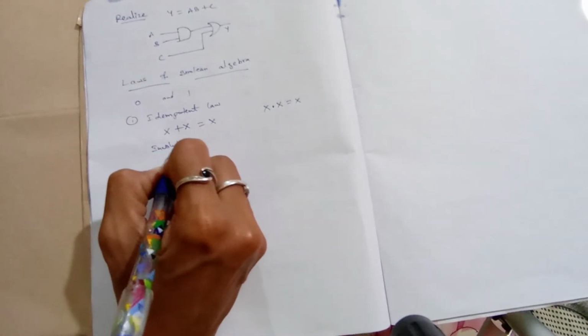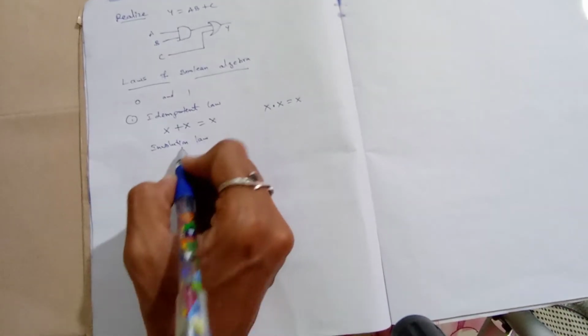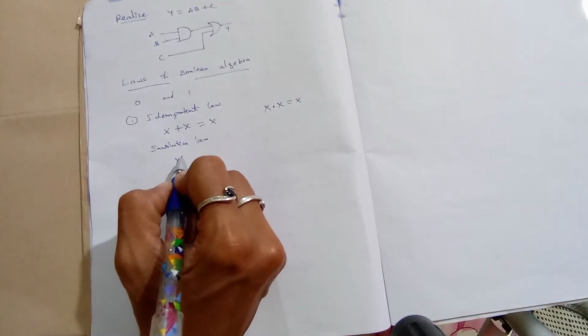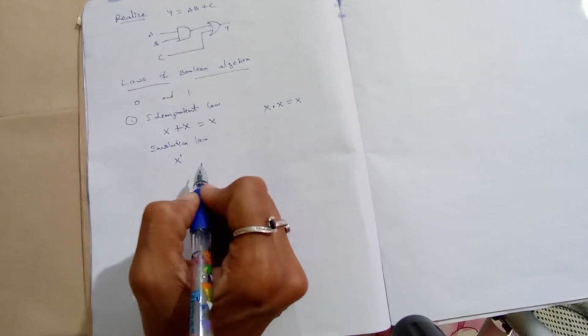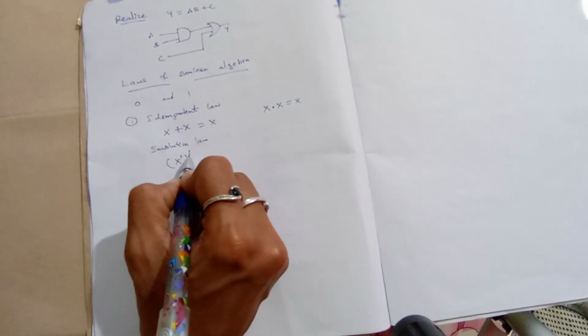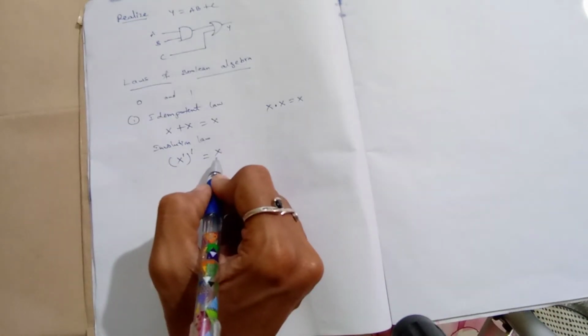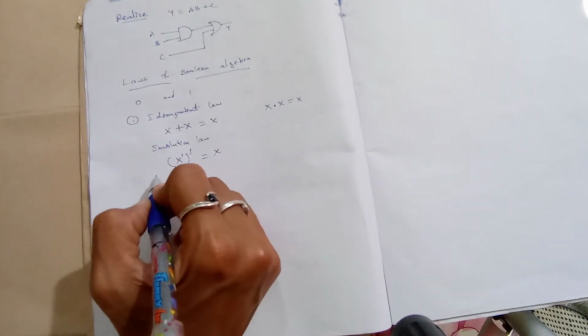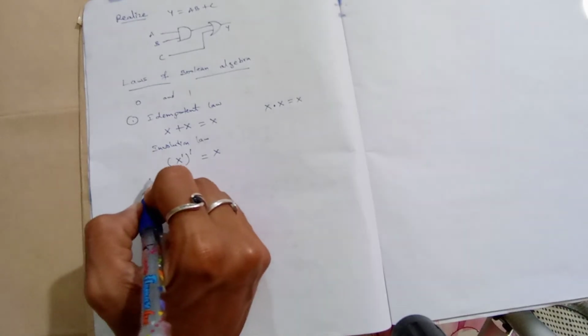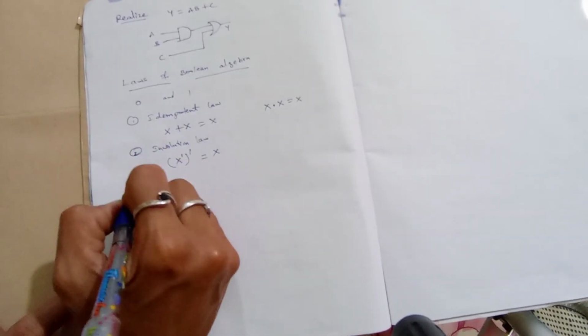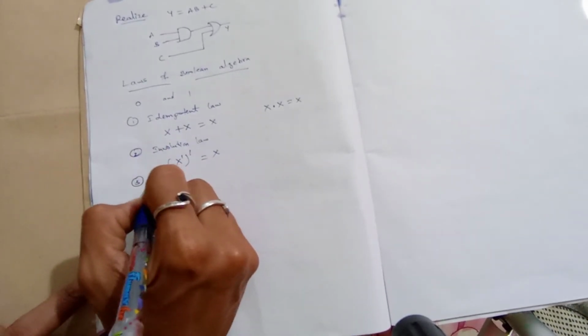Involution law. That is, take an input that is inverted by using bar. Again if you invert, we will be getting the same as output. Next is complementary.